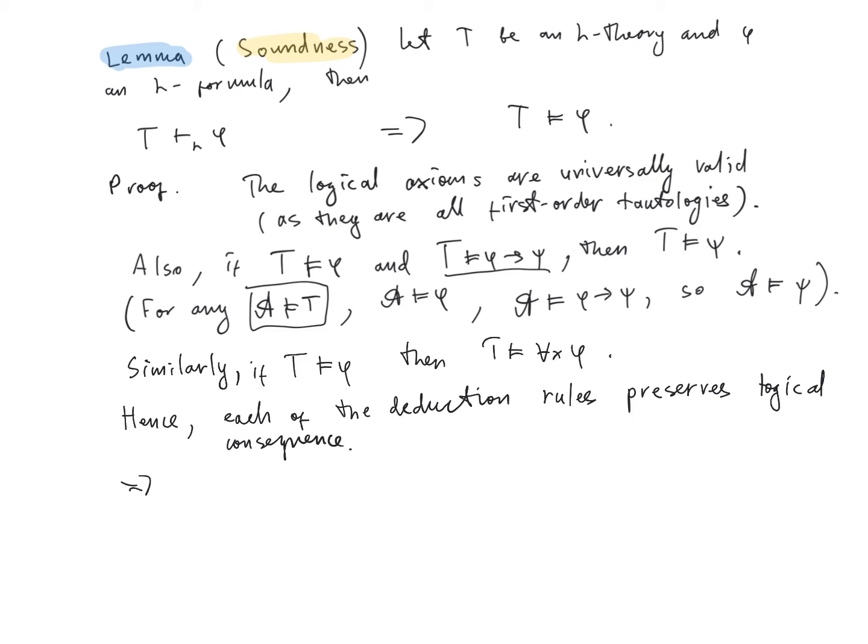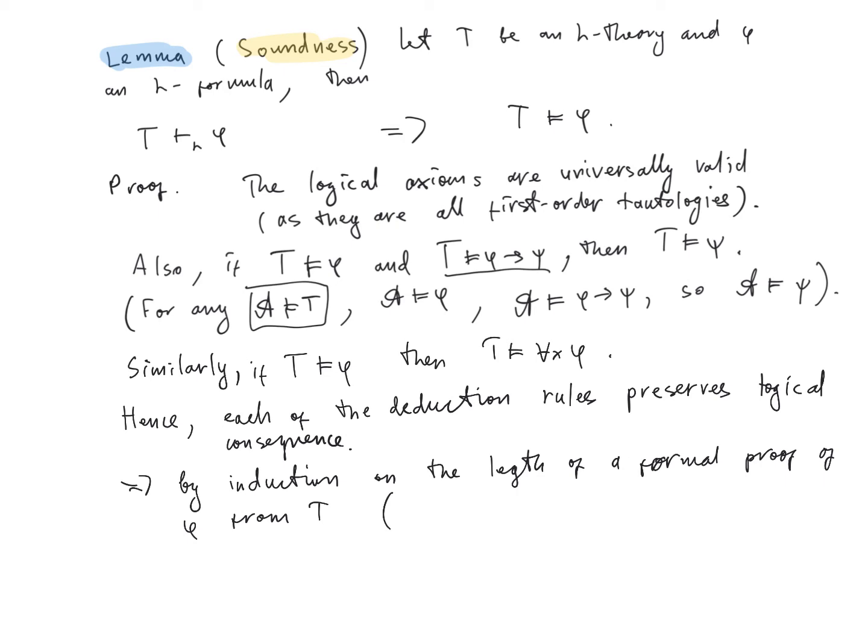Hence we can conclude the proof of the lemma by induction on the length of a formal proof of phi from T, where by the length we mean the obvious parameter, so the length of a formal proof given by the sequence of formulas phi 0 through phi n is n plus 1.